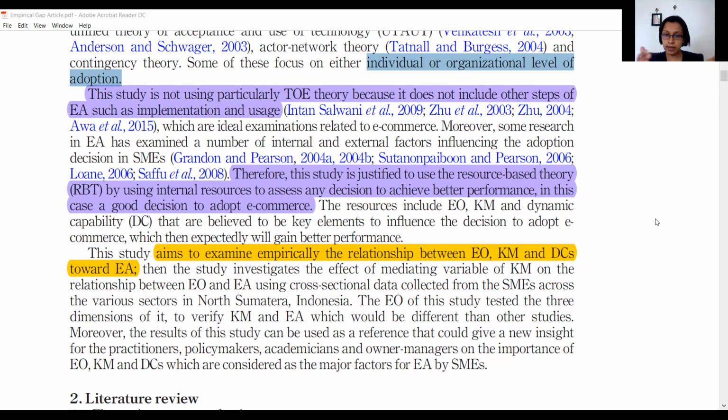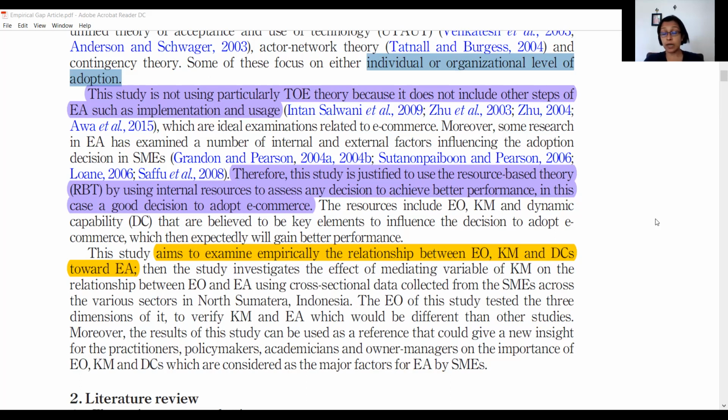Or else you can say the objective of this study is to identify the influence of entrepreneurial orientation on the e-commerce adoption of SMEs in Sri Lanka, right? So that's the way you can do it.